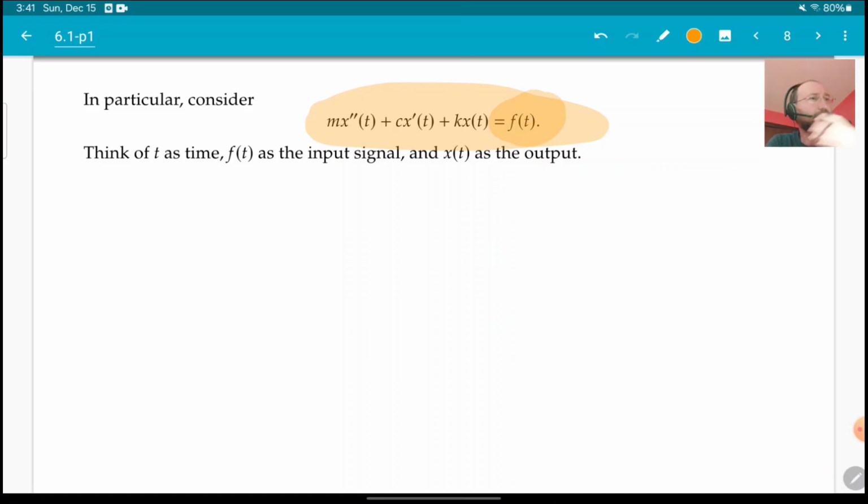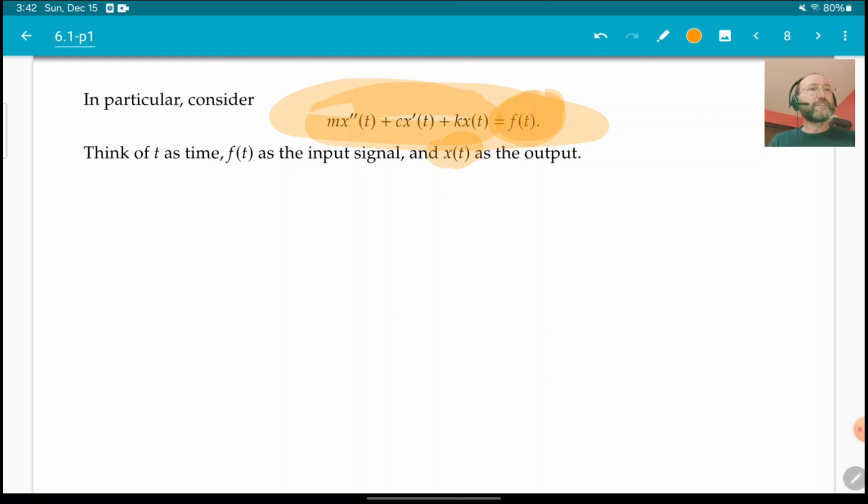And we're trying to solve for x. We're going to think of the left-hand side as being fixed. That corresponds to the setup, the device that we're analyzing, whatever it is, a circuit or a mass spring thing. The right-hand side we think of as the input, and the solution x we think of as the output.